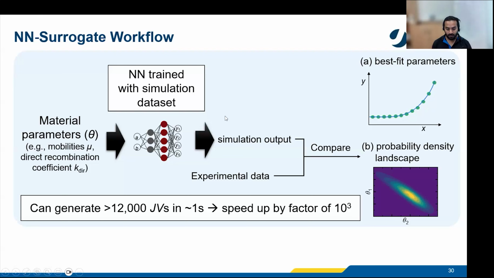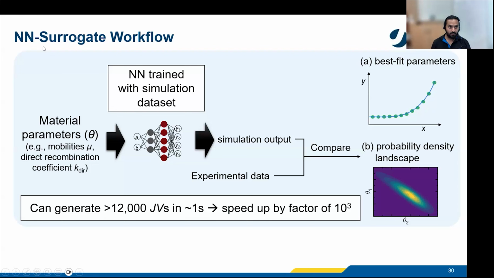Essentially the neural network acts as an interpolator, so it can also generate JV curves between your material parameters in order to compare with the experimental data. And from there, you need an algorithm that analyzes this and makes a best fit, and also generates this probability density landscape as shown here of the parameter existing in a certain range.